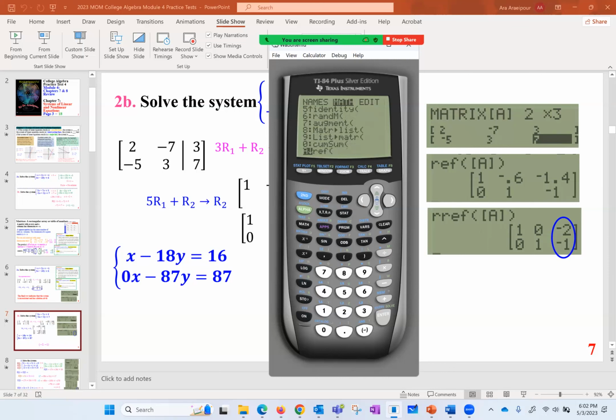If I click on REF, matrix A should give the answer. I then put the parentheses, I think.